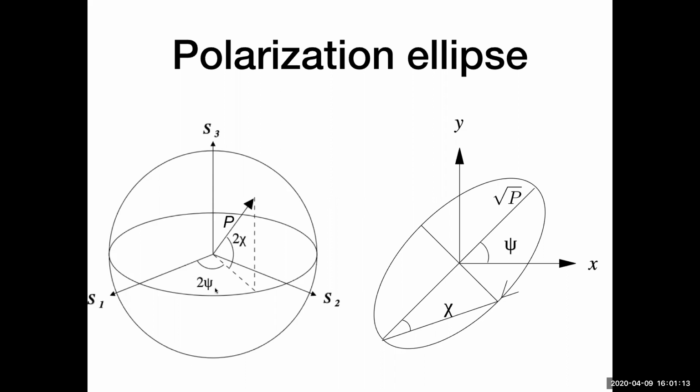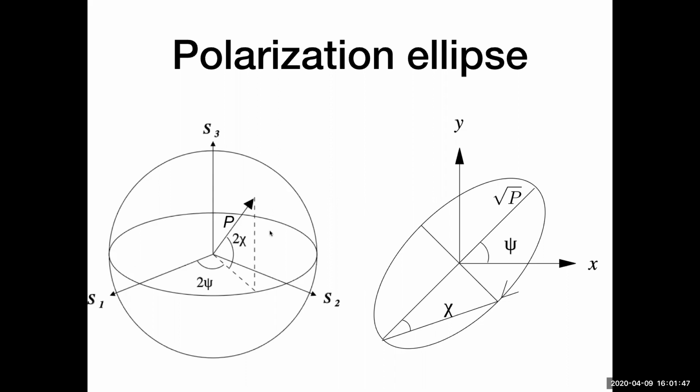Any polarized wave, we can define its polarization in terms of these three parameters, and it sits in this parameter space, where we have the amplitude of the wave, this polar angle, or technically an equatorial angle, which is the ellipticity, and this azimuthal angle, which is the polarization angle. So the power of this is we now have a parameter space that we can use to think about all the possible polarized waves.